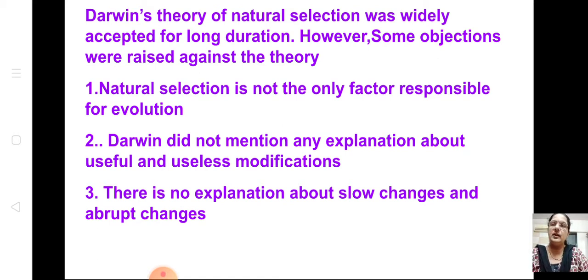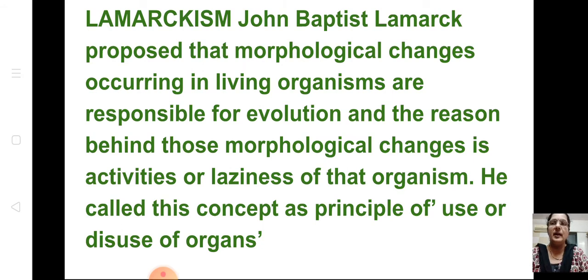Now coming to the next, we will see what is meant by Lamarckism. The name of the scientist was Jean Baptiste Lamarck. He proposed that the morphological changes occurring in living organisms are responsible for evolution, and the reason behind those morphological changes is activeness or laziness of that organism.